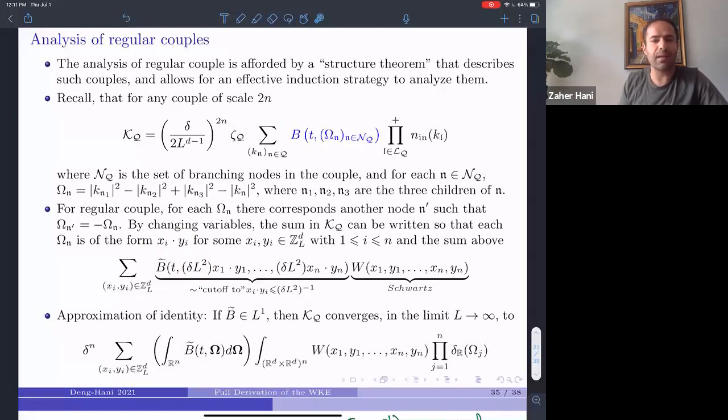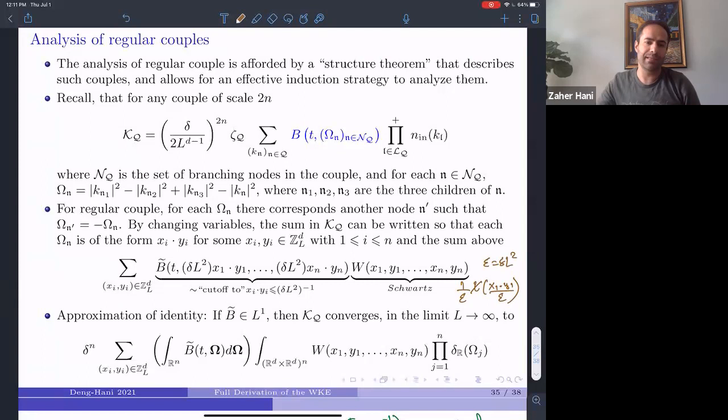Again, you think of this as an approximation of identity in higher dimensions and in a nonlinear way. You have a structure of the form 1 over epsilon chi of x1 dot y1 over epsilon, where epsilon is delta L squared here.